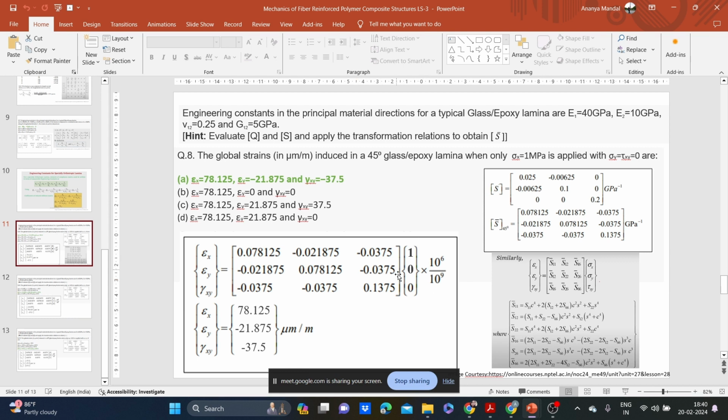In the second matrix, there is only one column and three rows. We always write the matrix in terms of rows cross columns. So here it is 3 cross 3, here it is 3 cross 1, 3 rows, 1 column.